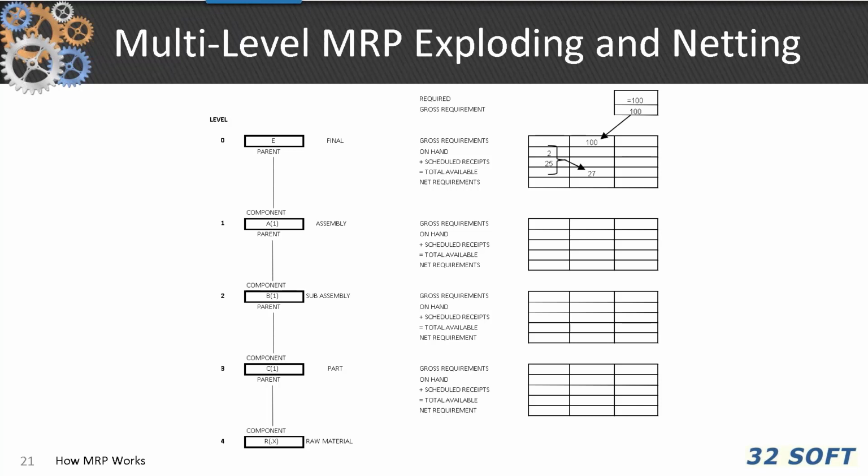If we look at the difference between the 100 and the 27, we see we've got 73 net requirements. The net requirement or a planned order release of the parent becomes a gross requirement component. So that 73 drives down. If we have 5 and 25, 30, that means we have 43 as a net requirement, for this case in terms of part number A. That 43 drives down.